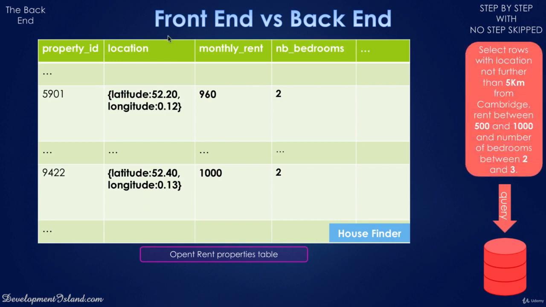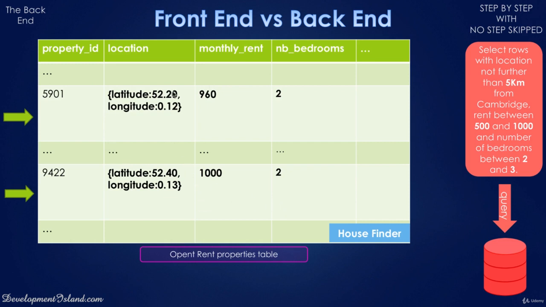You will find a table inside the database looking like this. This is going to be, for example, the properties table. For each property, you're going to have certain details like the ID of the property, its location, the rent, number of bedrooms, etc. Once you run this query, if any properties are found, so in this example, let's say that that property fulfills the conditions of the search, since the rent is between 500 and 1000, and we are also fulfilling the other conditions.